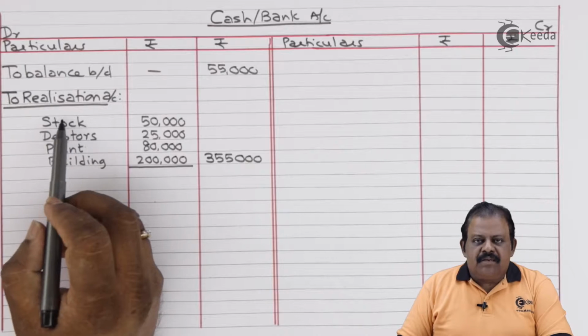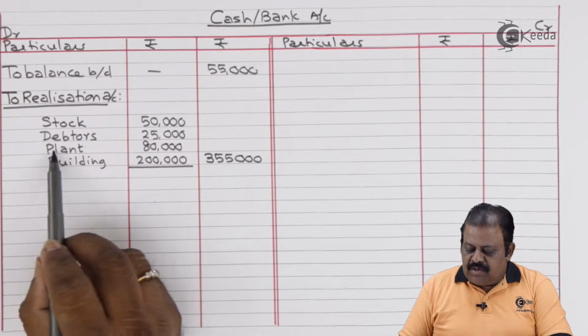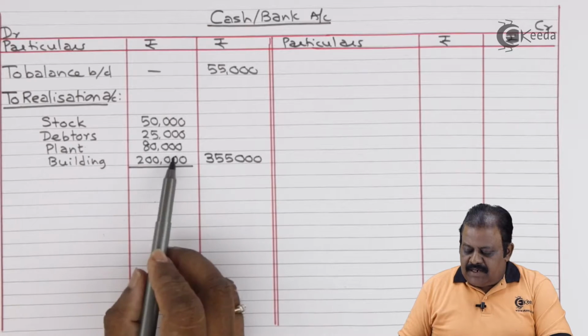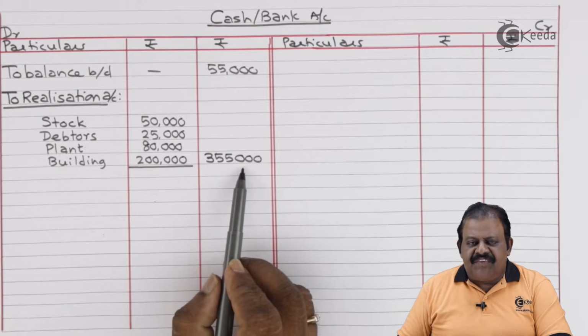Cash bank account debit to realization account: stock 50,000, debtors 25,000, plant 80,000, building 2 lakhs. Total amount received 3,55,000.